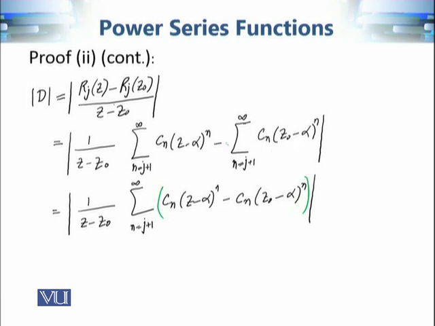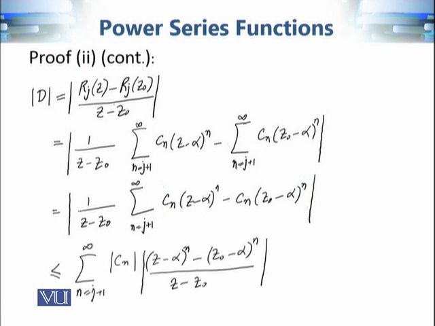We just wrote these two summations in one summation, and this is less than or equal to, since it converges, Cn. Cn is common, so we can write down the modulus of Cn like this, and z minus z0 comes over here, and (z minus alpha) raised to power n and (z0 minus alpha) raised to power n comes over here.